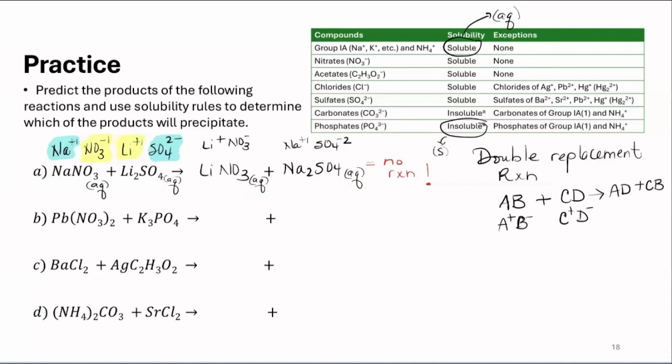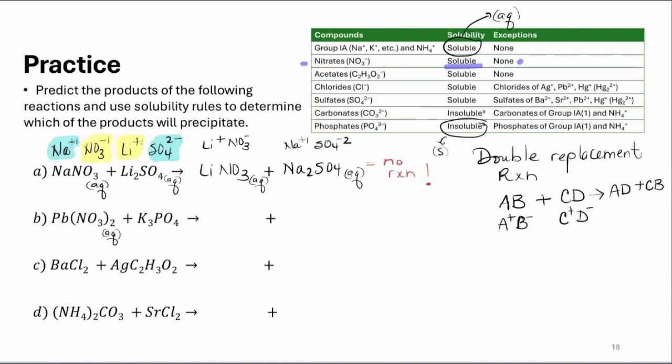Let's actually look at specifically letter B. In letter B, we have lead-2 nitrate combining with potassium phosphate. Lead-2 nitrate is going to be aqueous because nitrates don't have an exception.